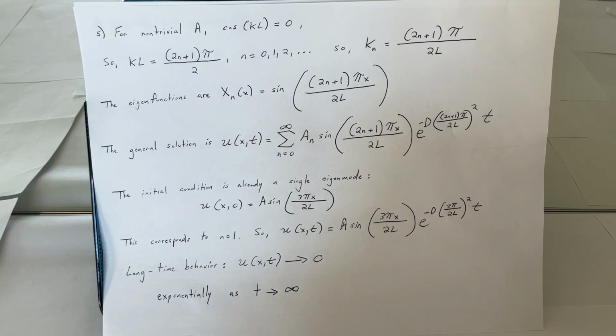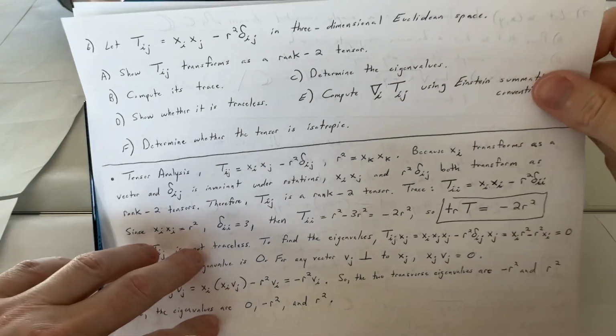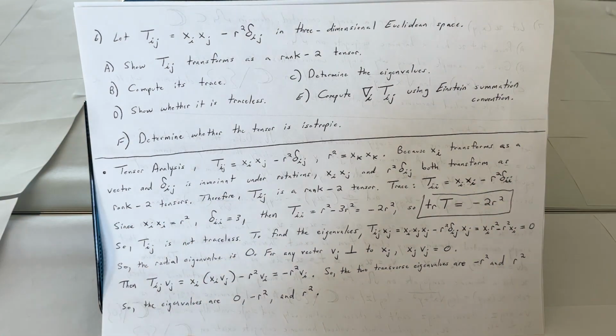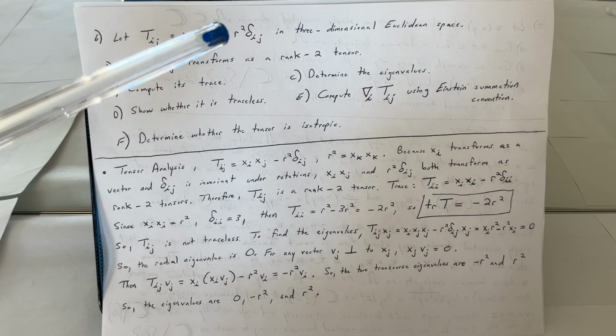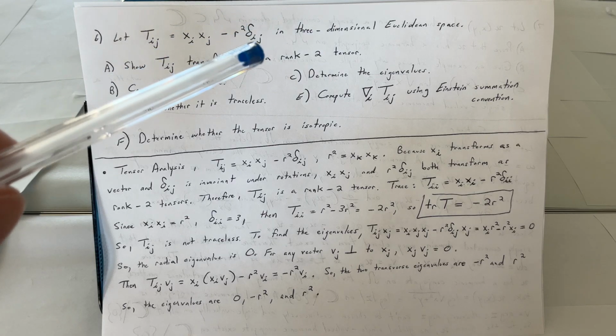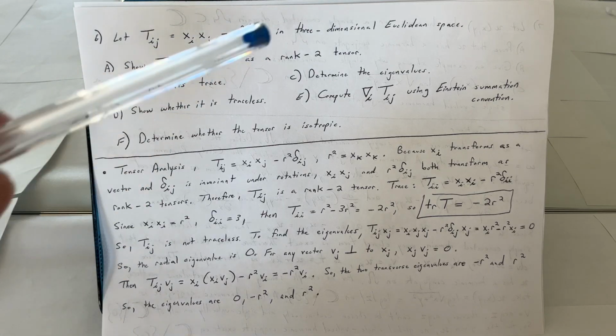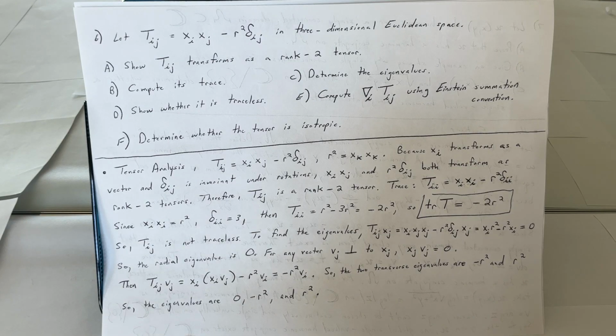Okay, that's number 5. Moving along to number 6. We have a tensor T_ij = x_i x_j - r² δ_ij, in three-dimensional Euclidean space.